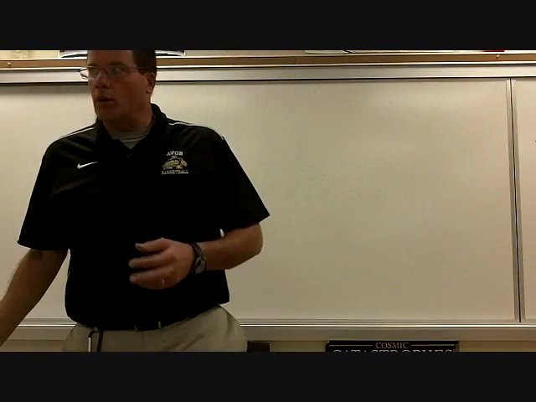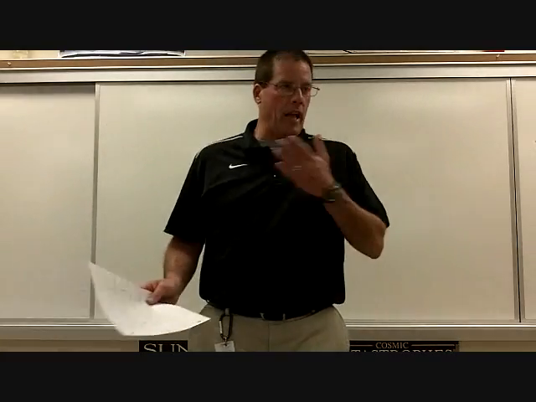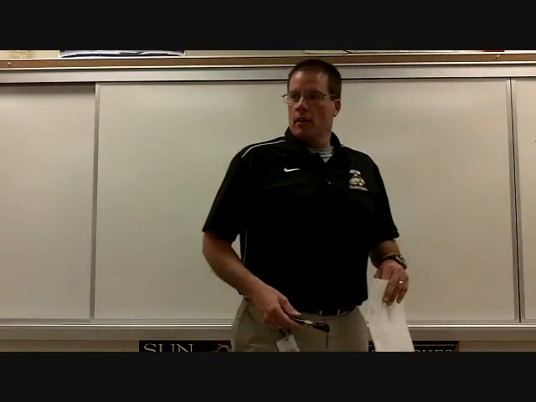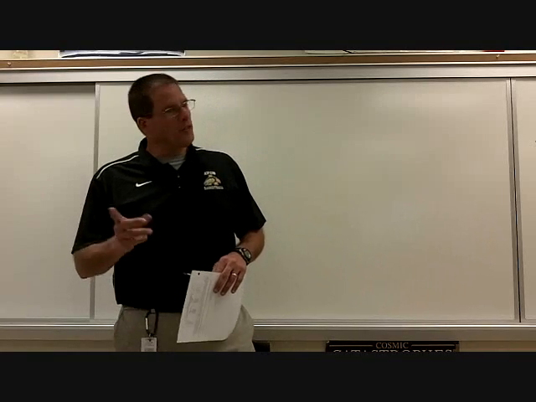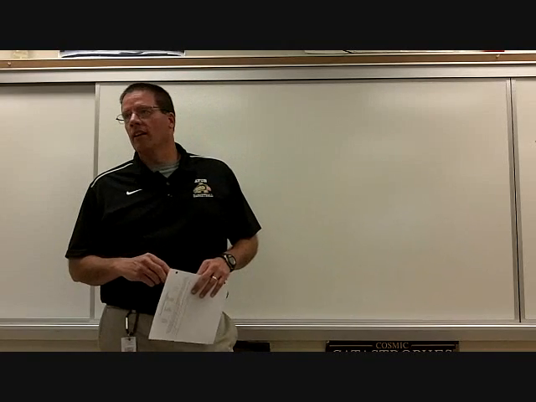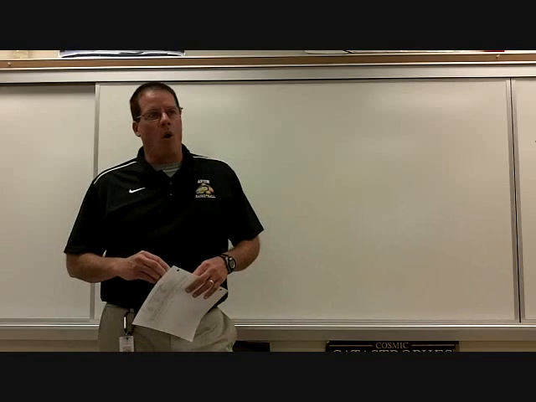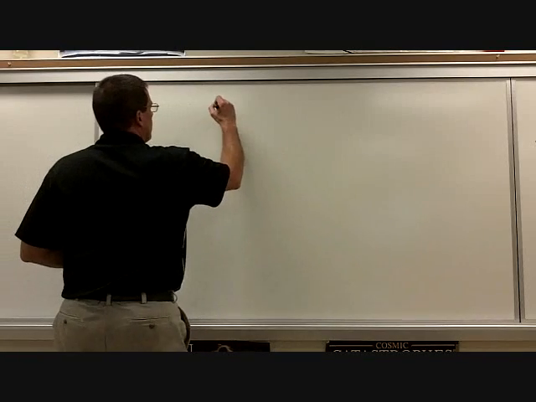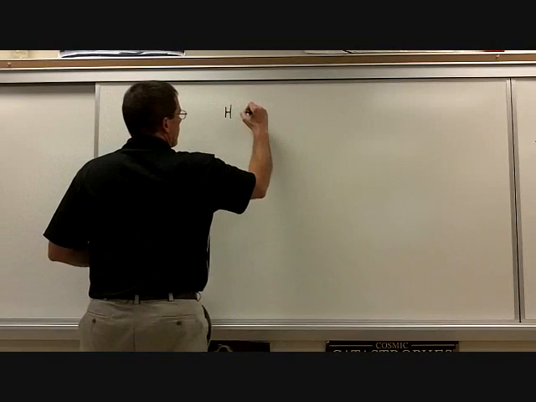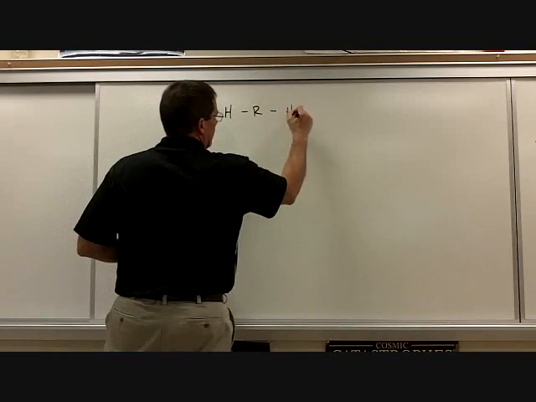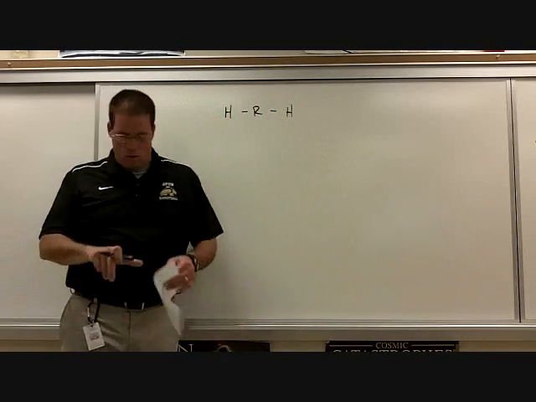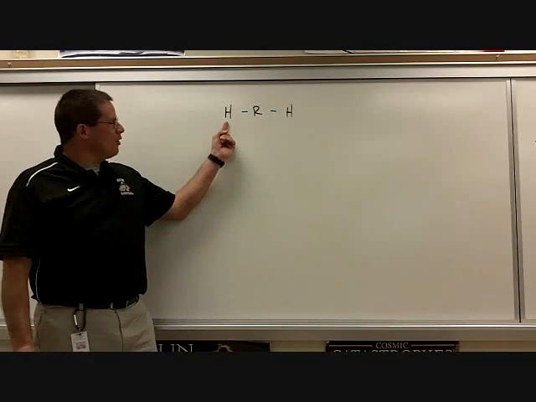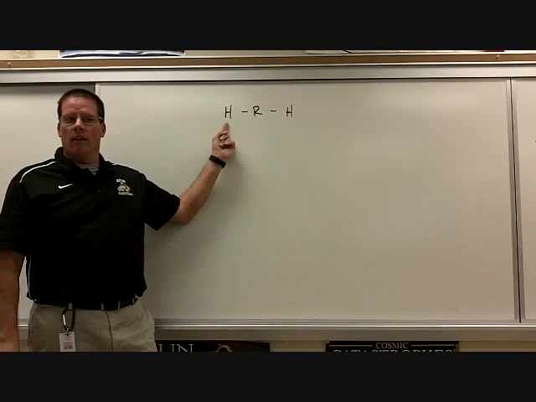The bad news is when you look at an acid, it has hydrogen at the front. How do you know if you're looking at a base? It has OH, not always, but it has H always at the end. So if I'm looking at a compound, and the R just means the rest of the molecule, you'll do that a lot in organic. If I have an H at the beginning, I'm looking at an acid.